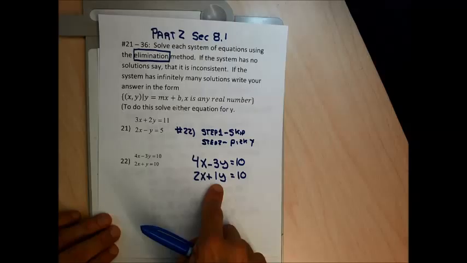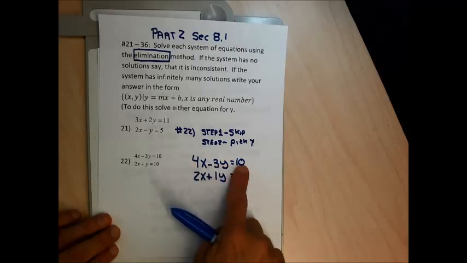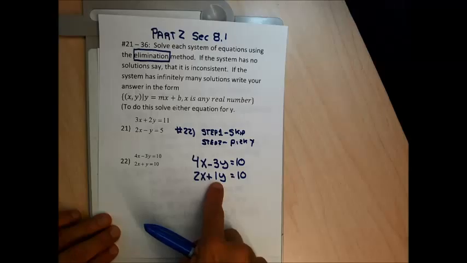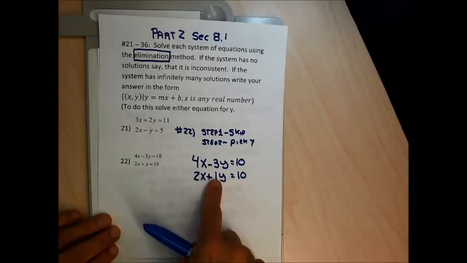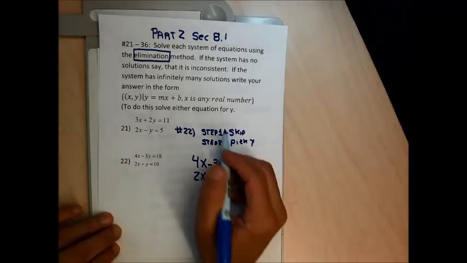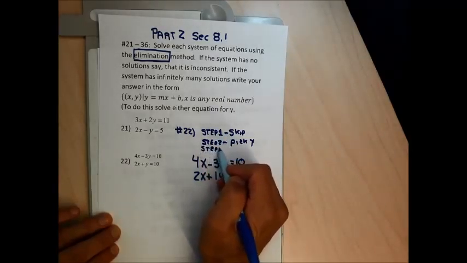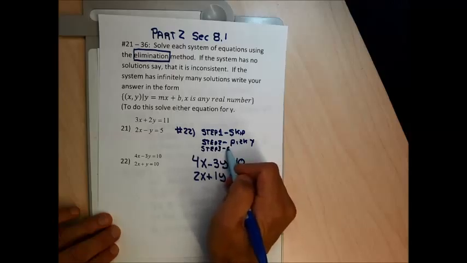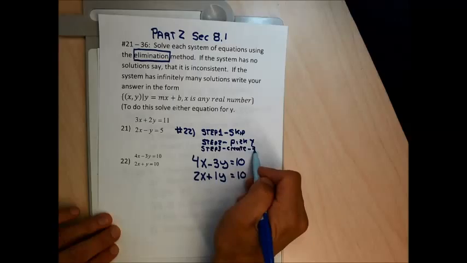Now, multiplying the top equation by anything is going to make it hard to get a 1 in front of the y, but multiplying everything in the bottom equation by 3 will make the y have a 3y in front of it, which is the same number with opposite signs. So my step 3, I'm going to create a minus 3y in my bottom equation.